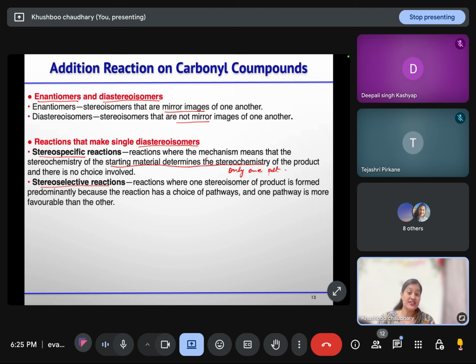But in a stereoselective reaction, you can get both products, but one is major and one is minor. So selectivity is there, major for one and minor for the other.